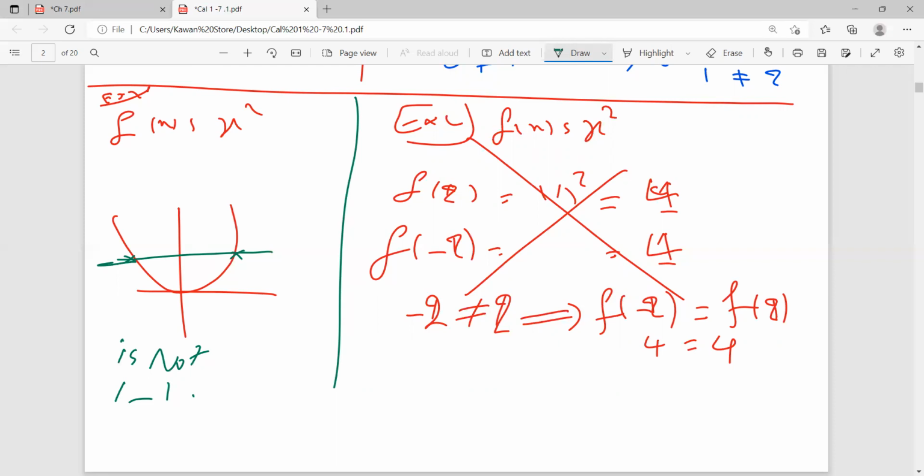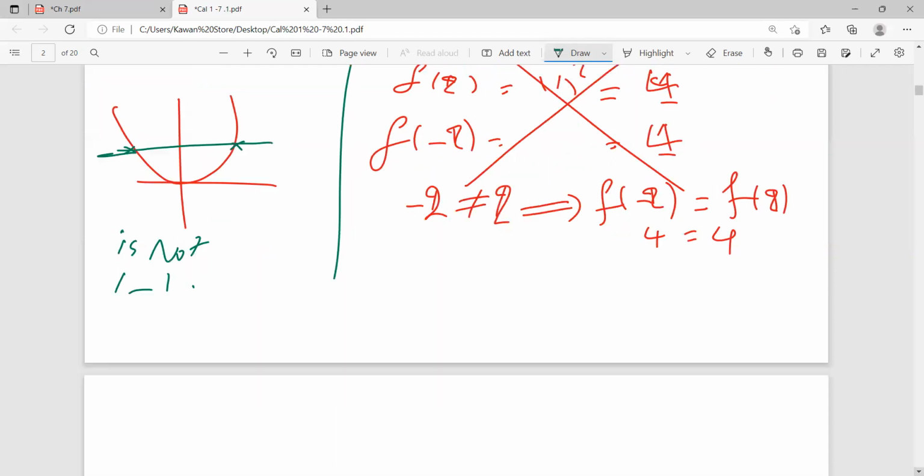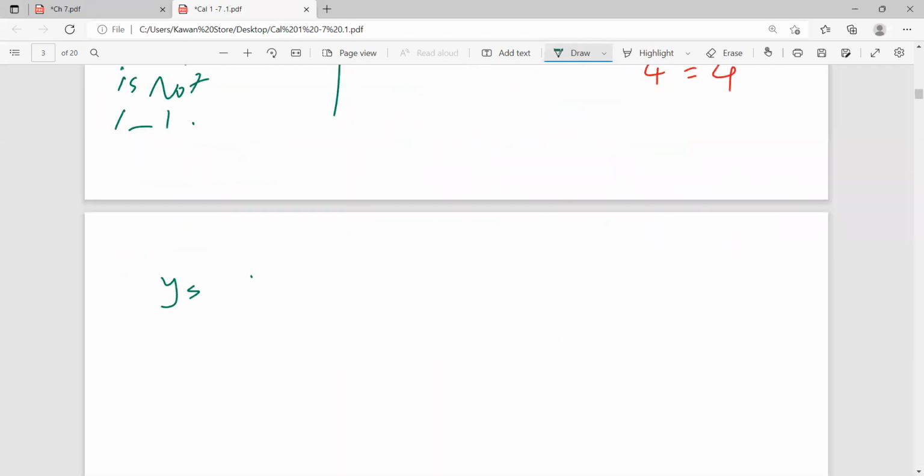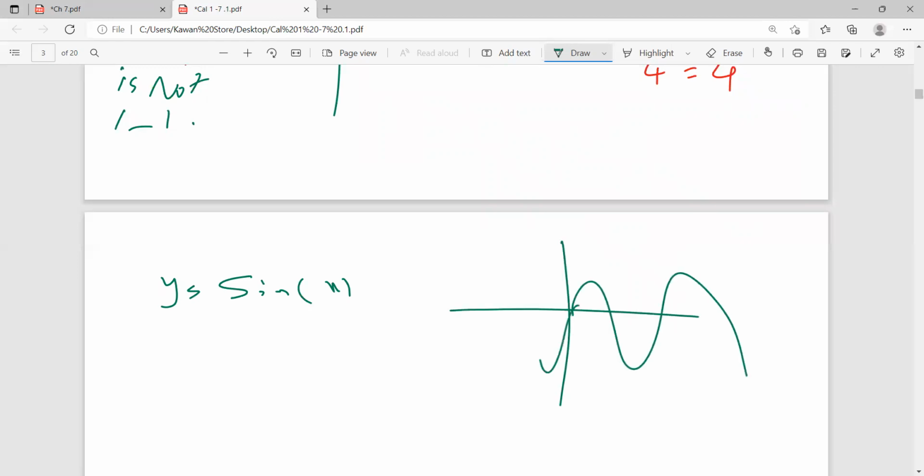For example, tell me about sine. Y is equal to sine of x. Is it one-to-one or not? It's not one-to-one, right? Here's the graph, you can see. If you apply the horizontal line test, we have many intersections. That's why it is not one-to-one.